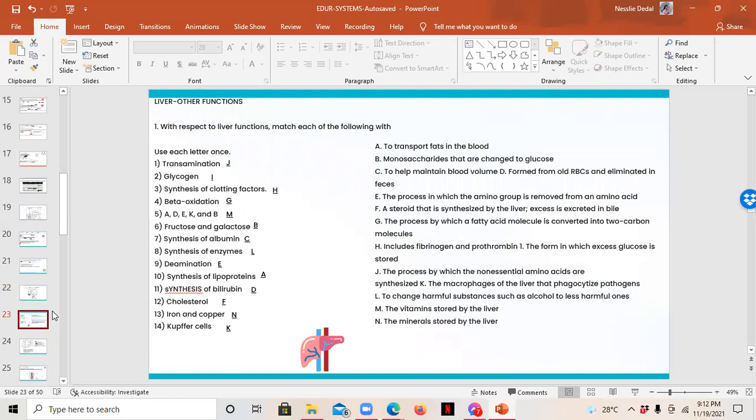Liver, other functions. With respect to liver functions, match each of the following, using each letter once.